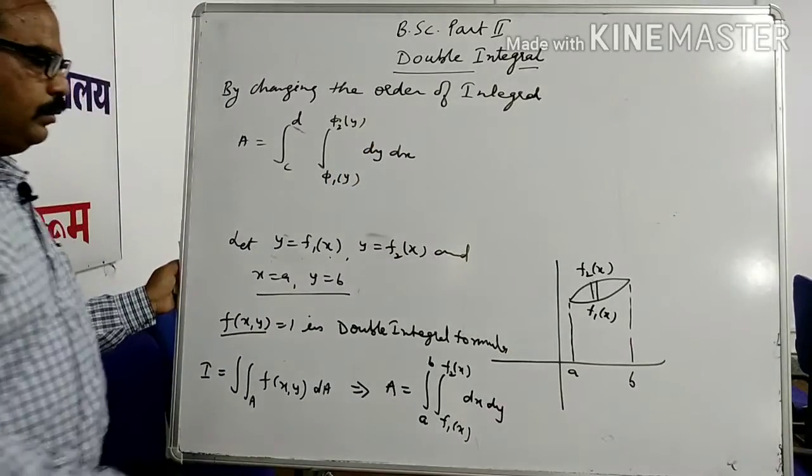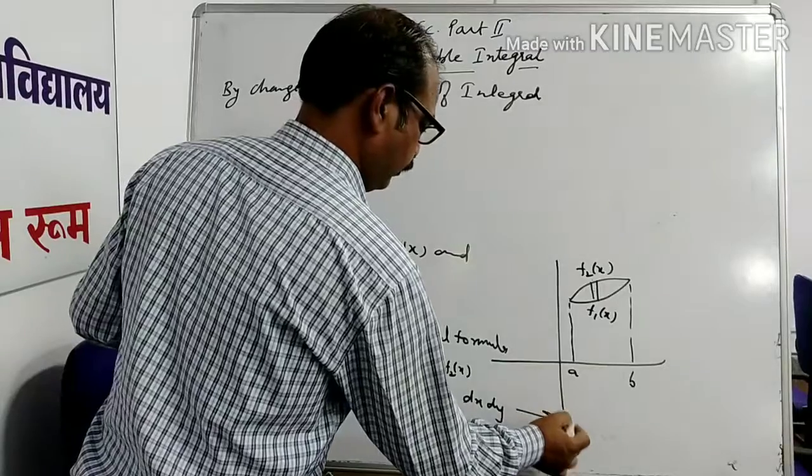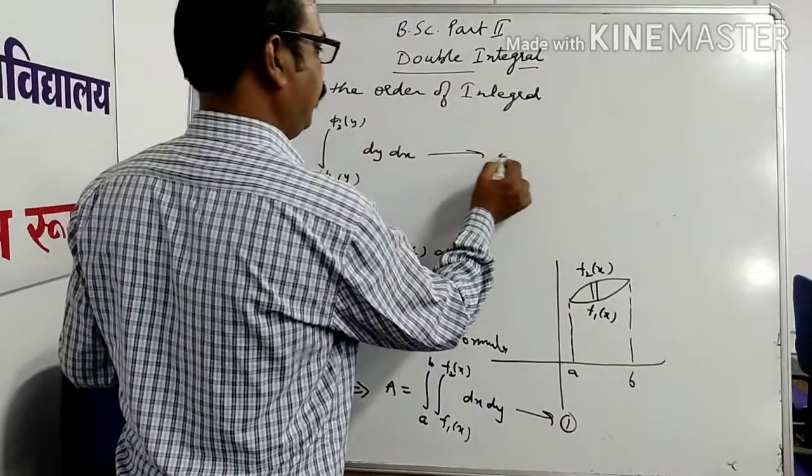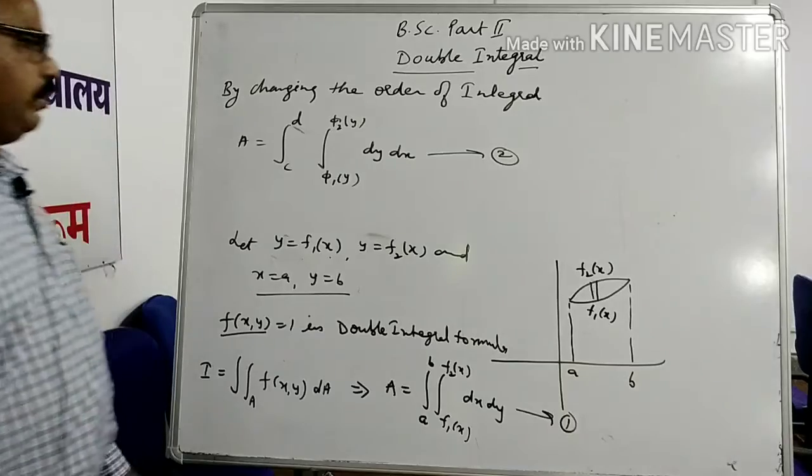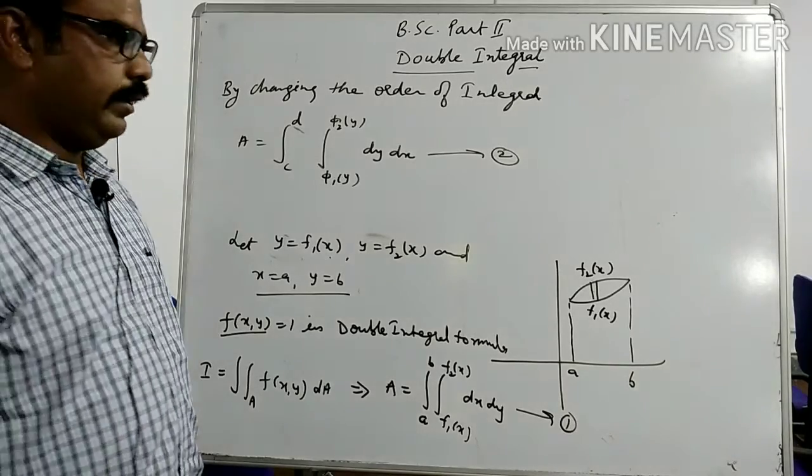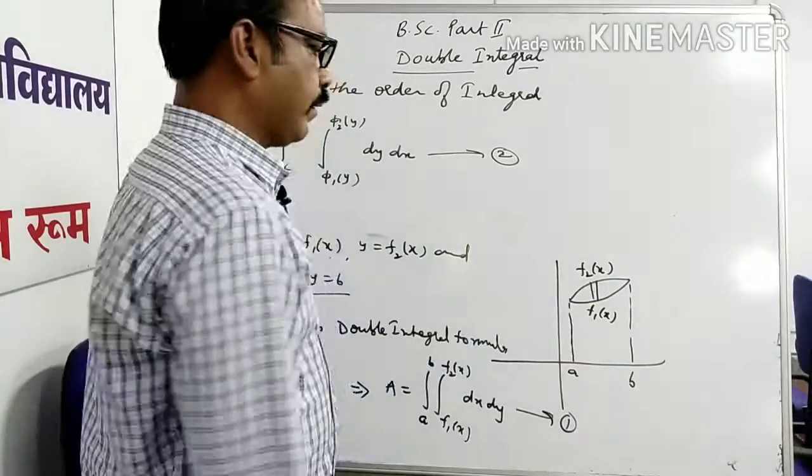So these two, equation number 1 and equation number 2, are the formulas for finding the area of the region bounded by two curves.